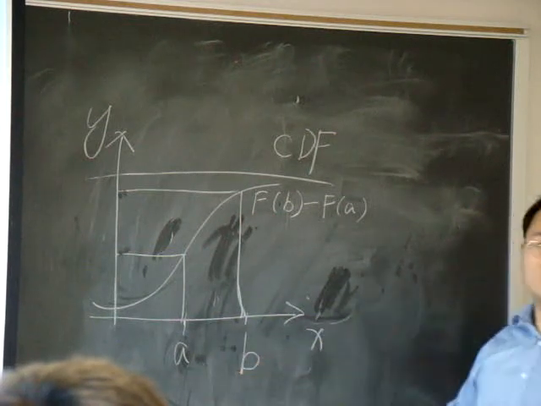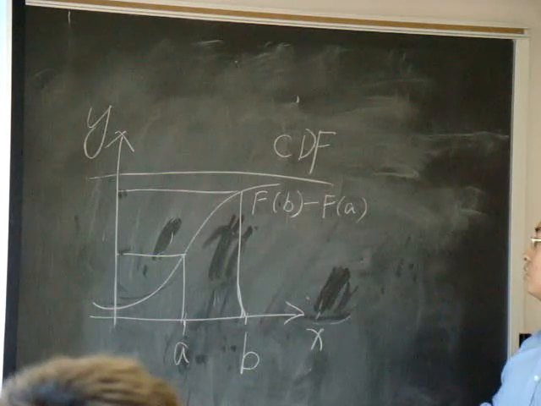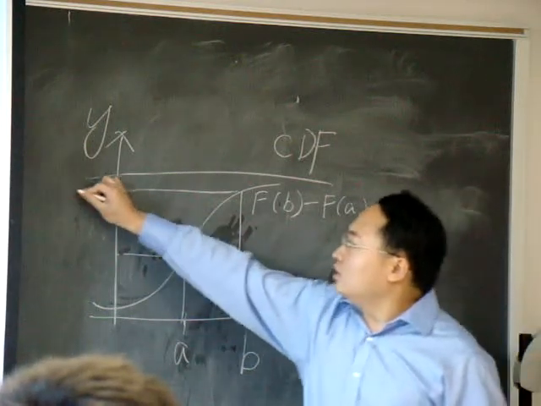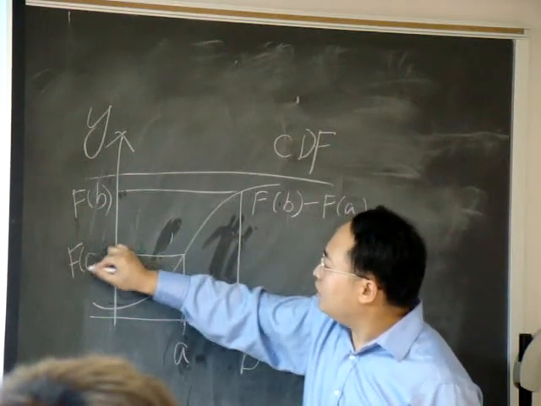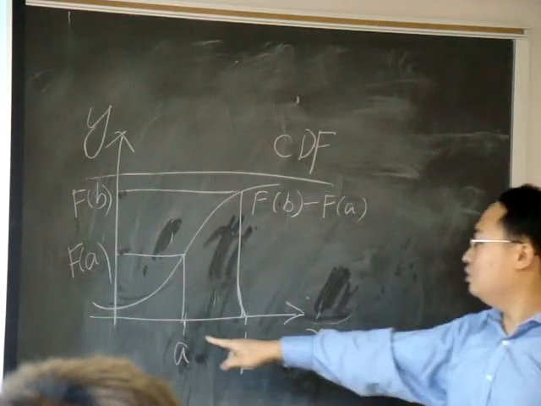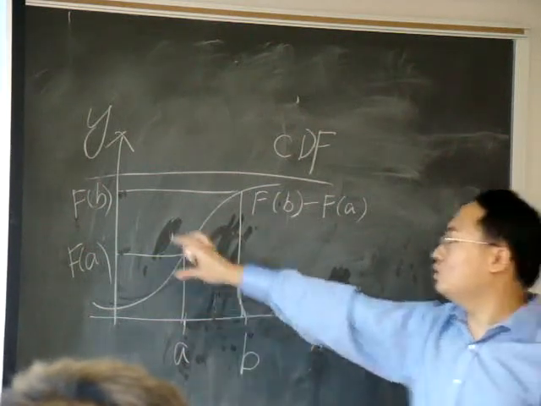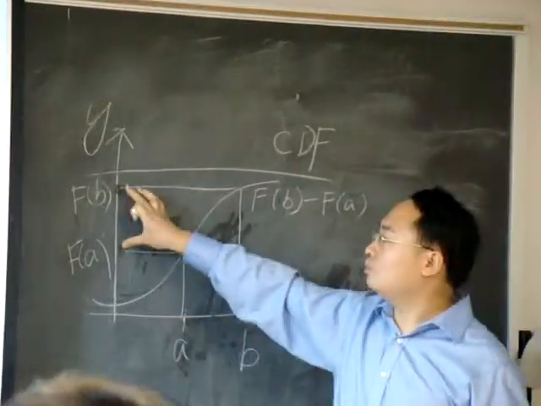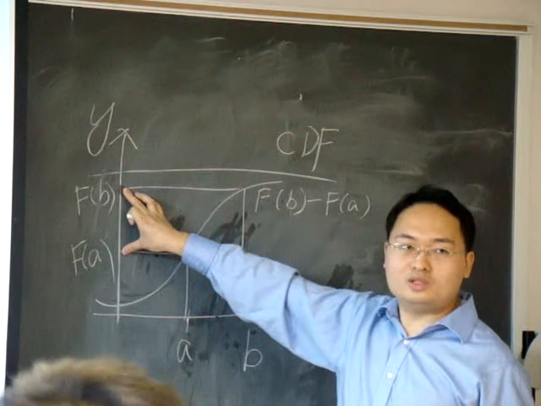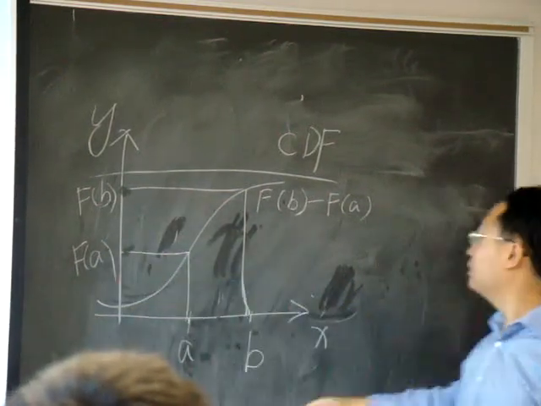So that satisfies the definition of CDF. Do you see that? This is F(B), this is F(A). The probability that you get a number between A and B is equal to the probability that you get a number using uniform distribution between F(A) and F(B), which is equal to F(B) minus F(A) divided by 1, right?